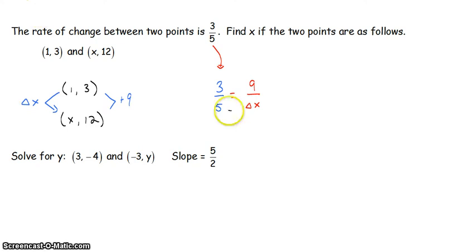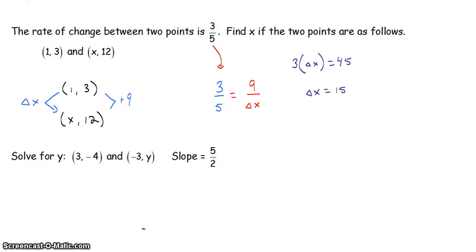Now that I have a proportion, I cross multiply to solve. 3 times my change in x is equal to 45. Divide both sides by 3, and my change in x is 15.